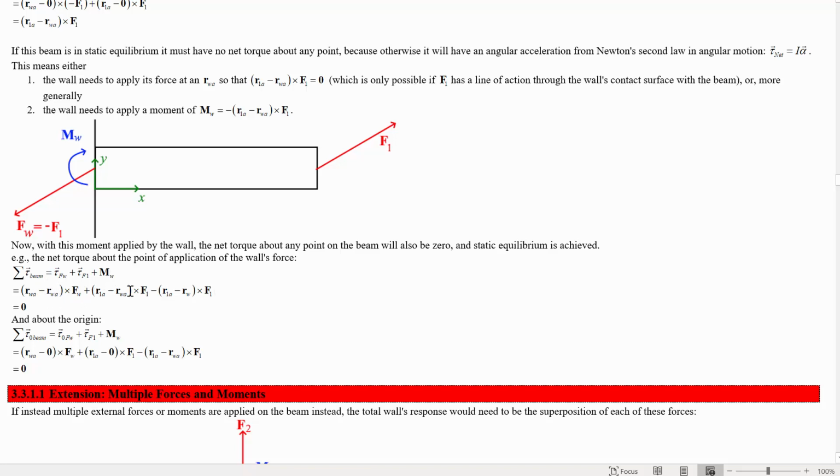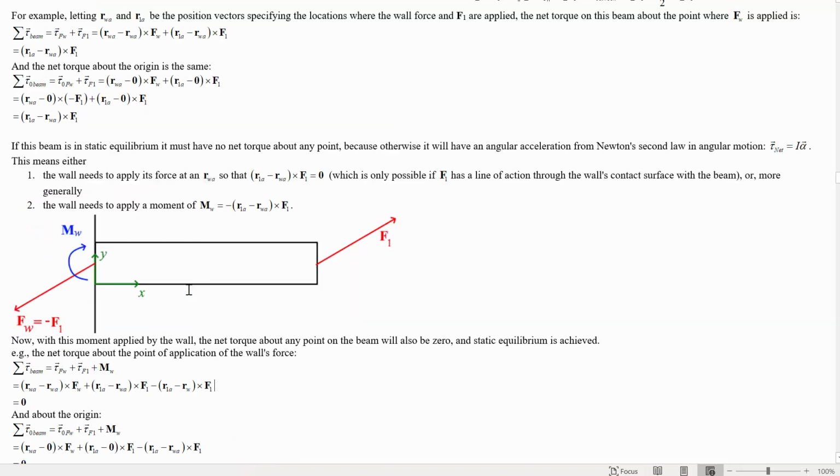Then we'll add the torque created by the applied force, which is its location minus the location we're finding the torque about, which is WA, the wall's reaction force application point, crossed with this force. And then we also add the moment that we've applied. By the definition we had up here, it's actually negative this thing, because that was the moment created by this couple of forces. So they'll cancel, we'll get 0.